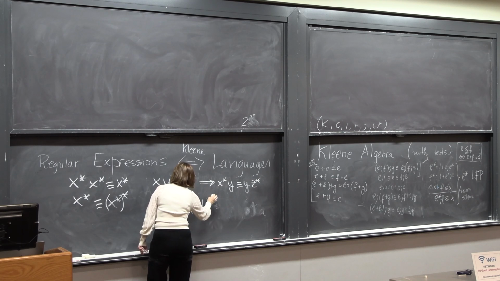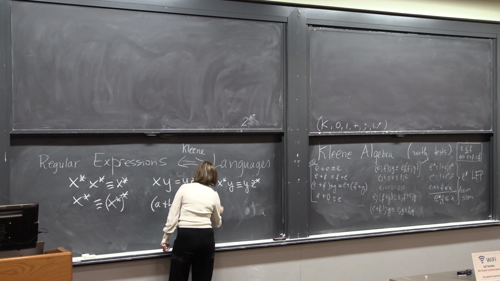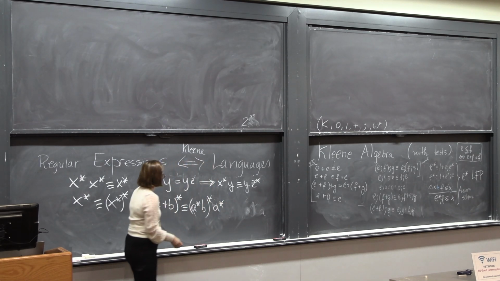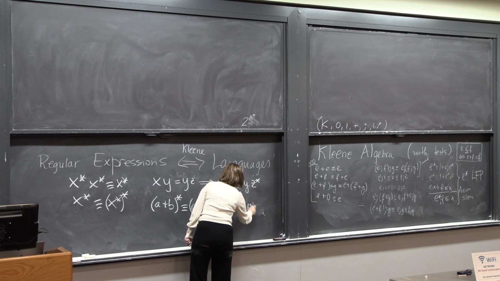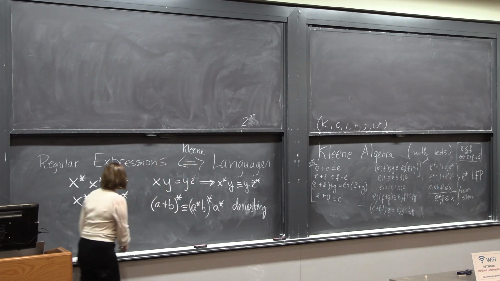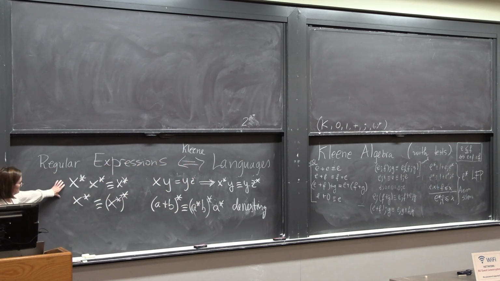It's probably the hardest of these exercises. This is the rule we saw yesterday, the denesting rule. Okay, so these are four exercises that will give you some practice with those rules. And a lot of it is syntactic, so it takes a little bit of practice to get used to.